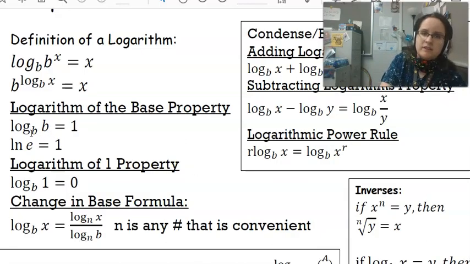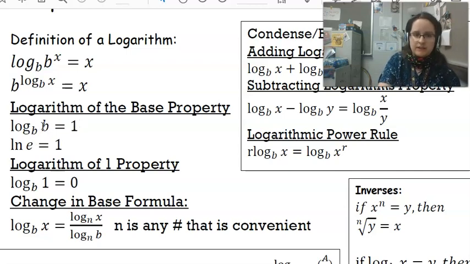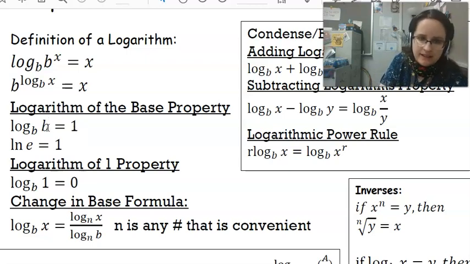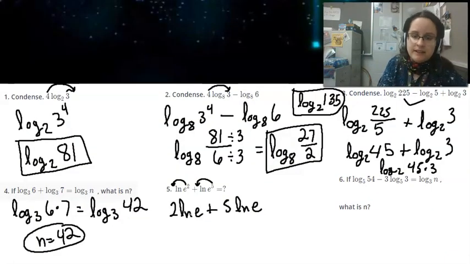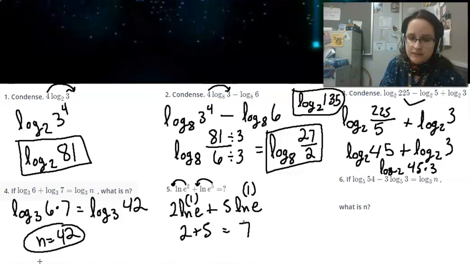If you have a log with a base that's the same as the argument, that equals 1, as long as the base is not 0, a negative number, or 1. So instead of ln e, we can replace those with 1s. So we have 2 plus 5, which is 7.